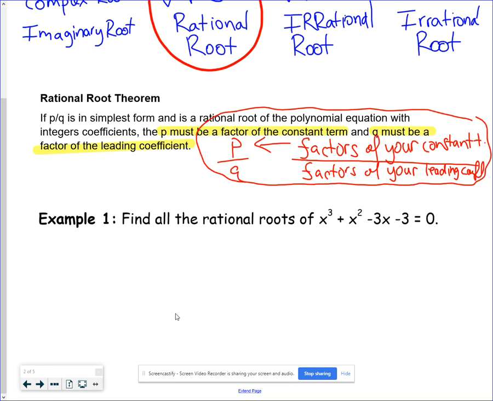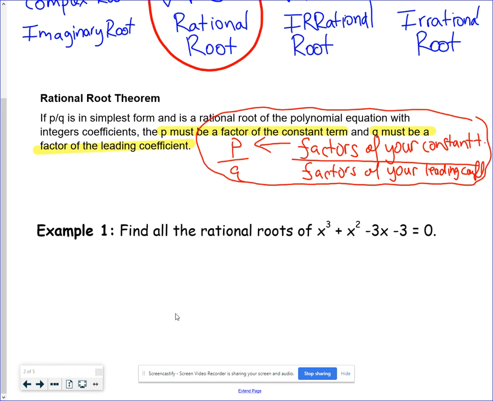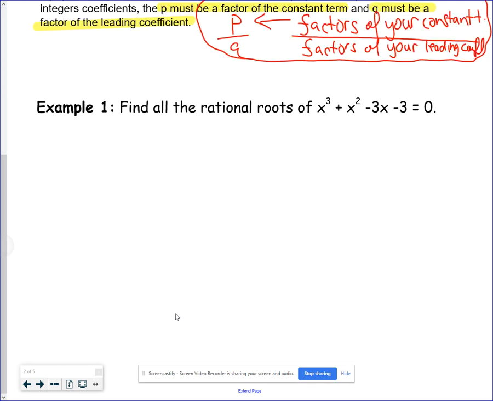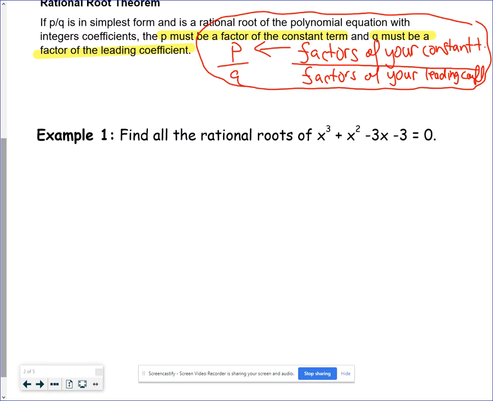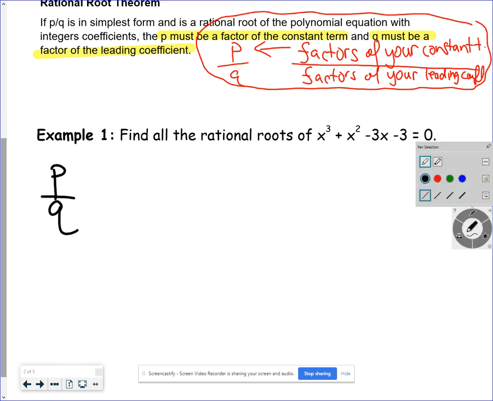We're going to use this rational root theorem to work this example out. It says find all the rational roots of this polynomial equation: x to the third plus x squared minus 3x minus 3 is equal to 0. So we're looking for roots that can be written in the form P over Q. P, remember, is factors of your constant term.